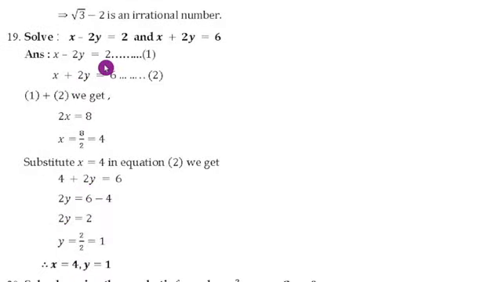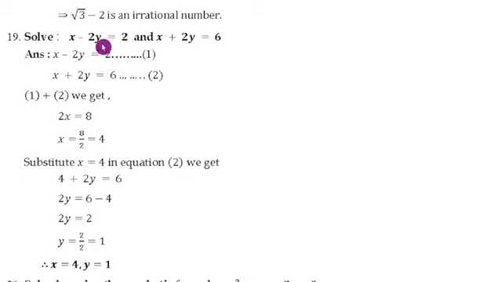19th question, solve x minus 2y is equal to 2 and x plus 2y is equal to 6. So here they asked only solve. So you can use any method and you can go with that. So here I have taken elimination method. So here you take the two equations, that is x minus 2y is equal to 2, that is equation 1, and x plus 2y is equal to 6, that is equation 2.